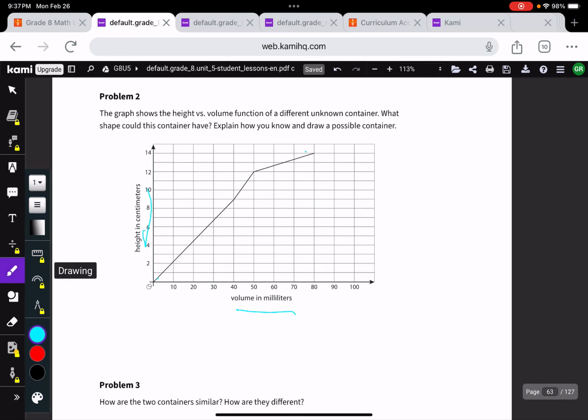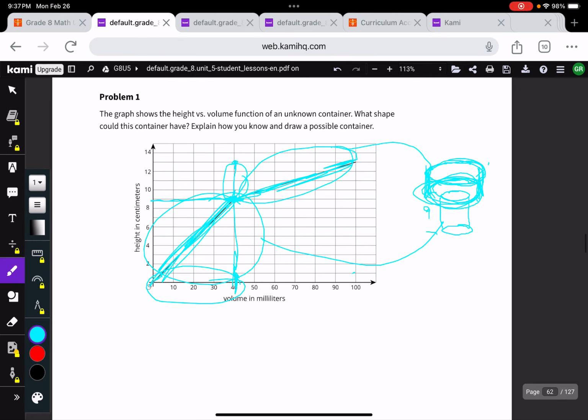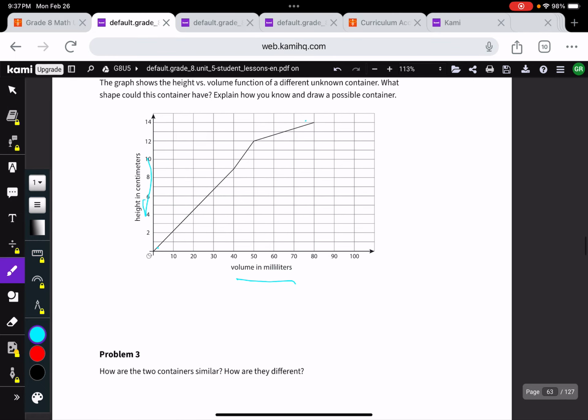I'm going to leave it up to you to try to draw that. I'll give you a clue. It's going to look somewhat similar to that right there, except I think there's going to be like 3 cylinders stacked on top of one another. And I'll leave it up to you to draw it, but you're going to have a cylinder that is roughly nine centimeters, and again, you won't get out a ruler.